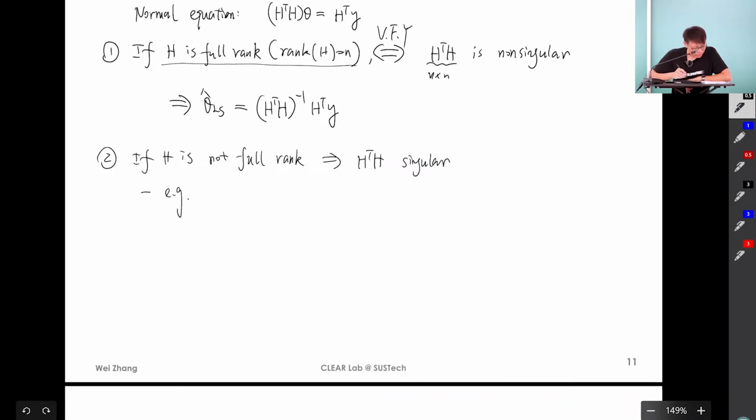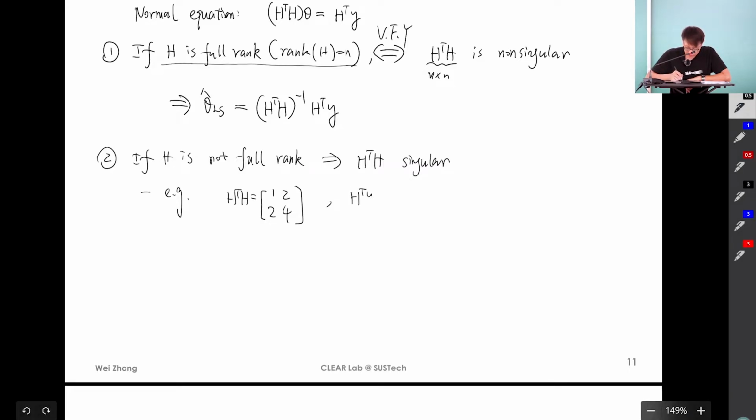You may like examples. Singular means columns are linearly dependent, right? So let's say H transpose H is equal to [1, 2; 2, 4]. Is this singular? Yeah. The second column depends on the first column. It's a linear combination of it.